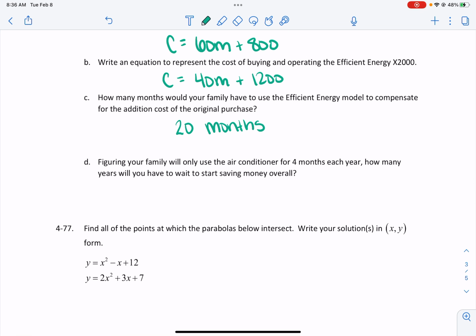And then for part D, well, you only use it 4 months out of the year, right? We don't use the air conditioning all the time. So 4 months times what? For 20 months. So how many years? So that'll be 5 years until you start saving money.